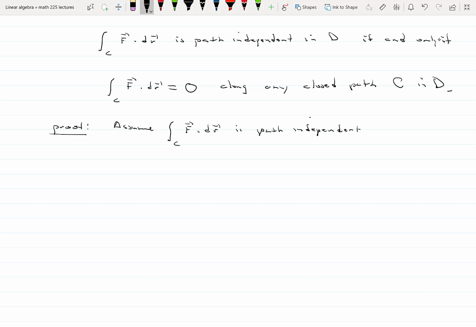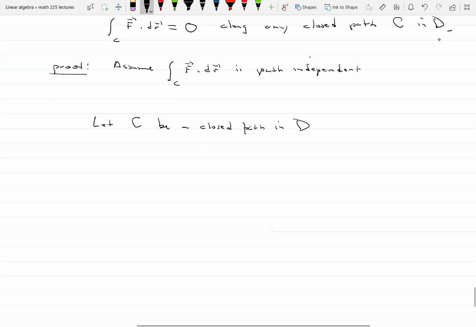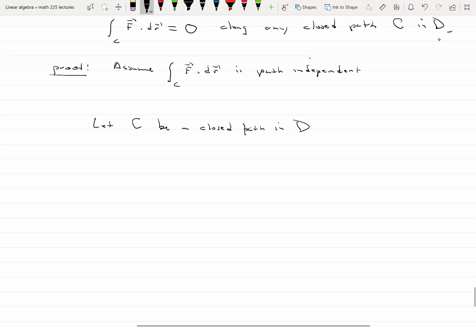Okay. So I want to prove a specific result about closed paths. So let's let C be a closed path. We're restricting ourselves in some region of 3 space or 2 space, so in D. Okay, so here's our closed path.